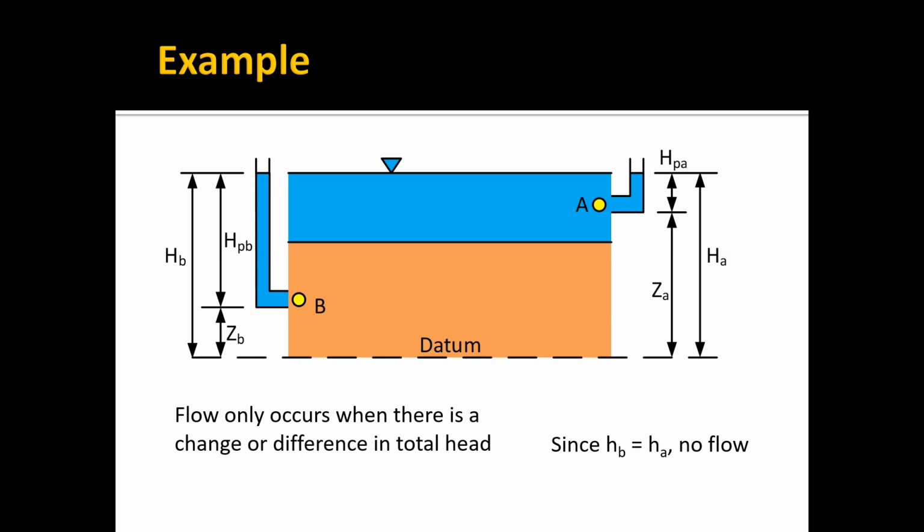So for point A, the elevation head, it says Z_A, we could also put h_el_A, so the elevation head to point A is just the distance from the datum to point A. And then the pressure head represents the height to which water would rise in a piezometer or standpipe above point A, measured from point A. So remember, we kicked off this discussion about the pressure being the height of water above the point in question, times the unit weight of water.